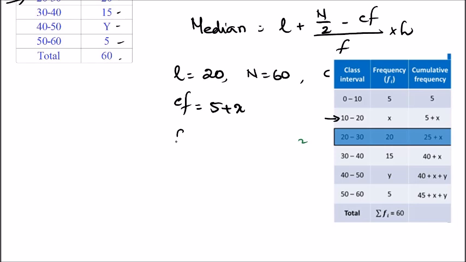F is equal to 20, that's the frequency of the median class. And H is equal to 10 minus 0, that's equal to 10.